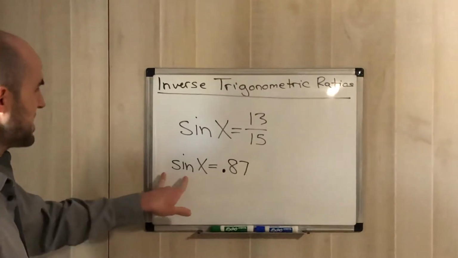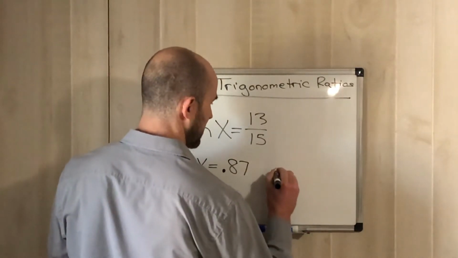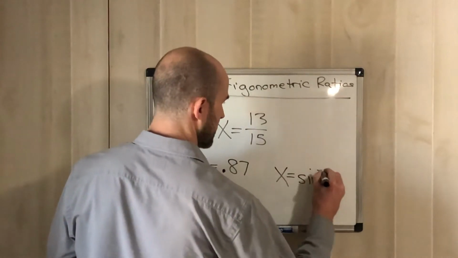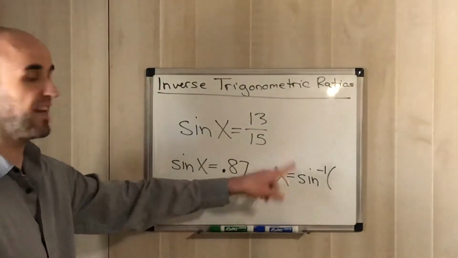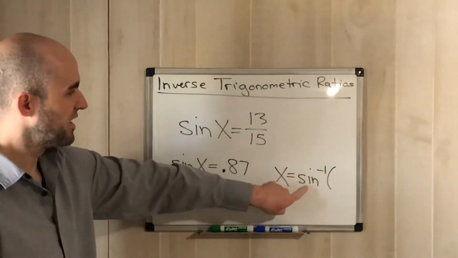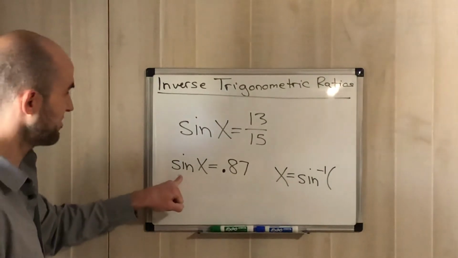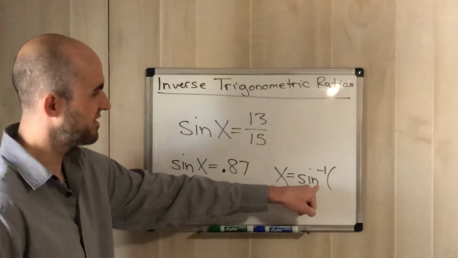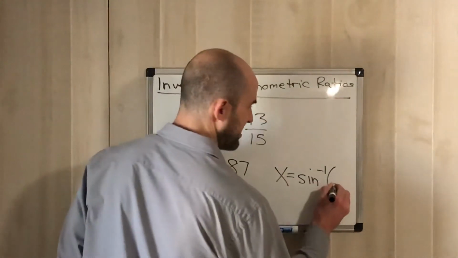And what we do is the inverse, the opposite of sine, would end up being something that looks like this. And what this is, it's literally sine inverse. So whenever you see sine inverse, it looks like a -1. Sine inverse is literally the opposite of sine. So whenever you want to get rid of sine, you want to do the opposite of sine. The opposite of sine is sine inverse, right? And what we're going to do is the sine inverse of 0.87.